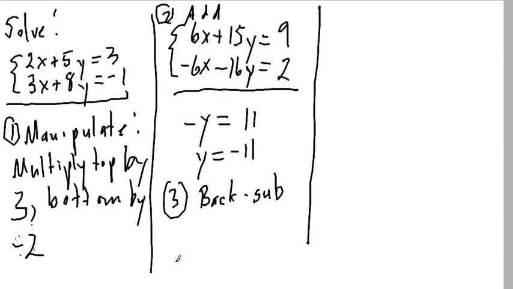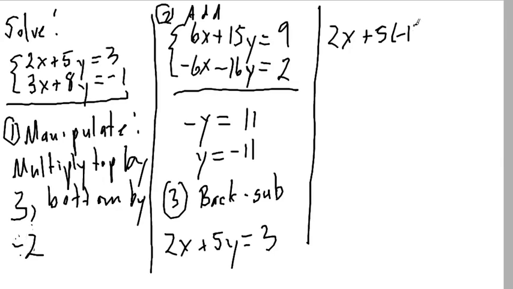So I back substitute y is equal to -11 into this first equation, and I get 2x plus 5y is equal to 3. Well, that gives me 2x plus 5 times -11 is equal to 3, or 2x minus 55 is equal to 3.